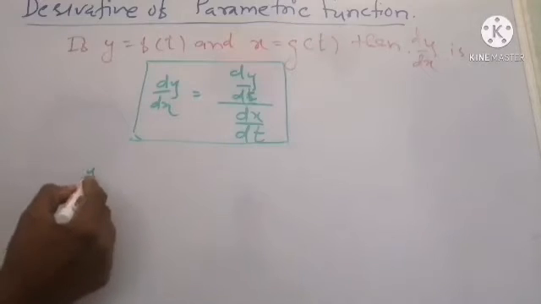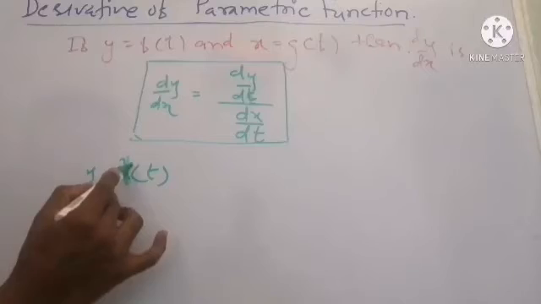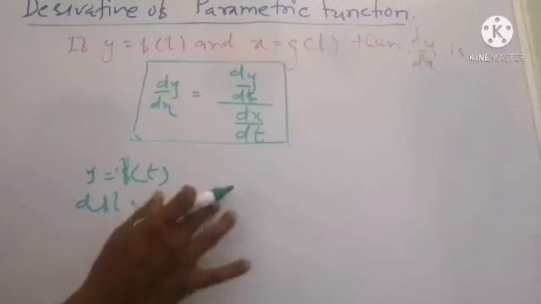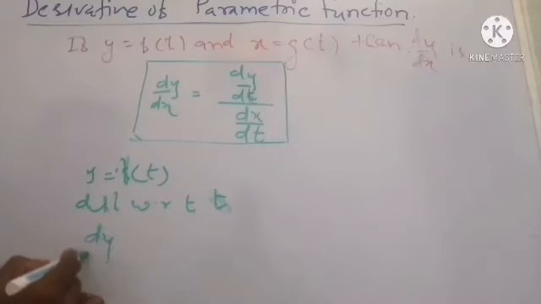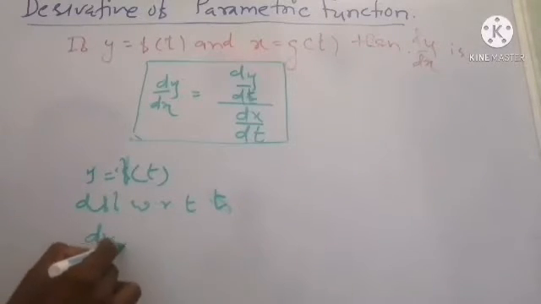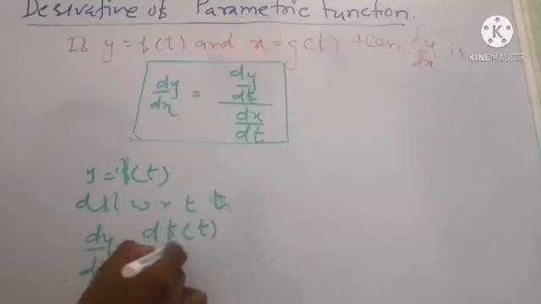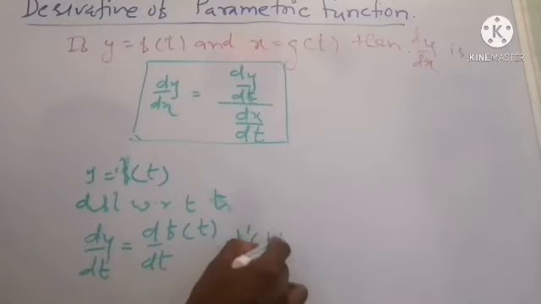As y is a function of t, we can differentiate this with respect to t, as t is independent. So I get dy by dt, with the operator d by dt operated. On the right hand side, the derivative of f of t with respect to t is always f dash t.